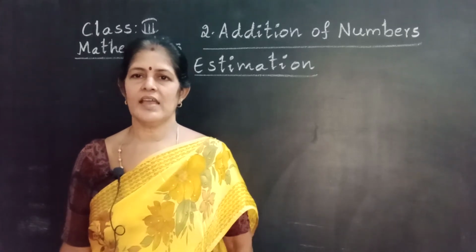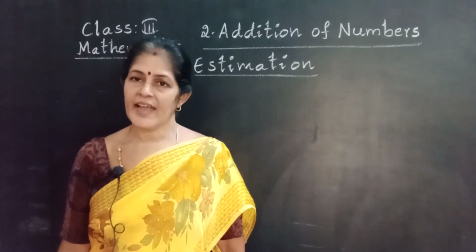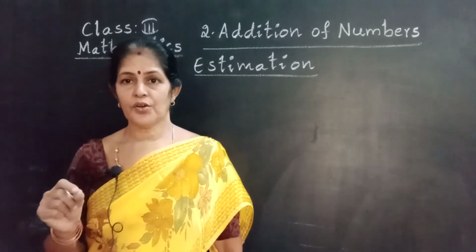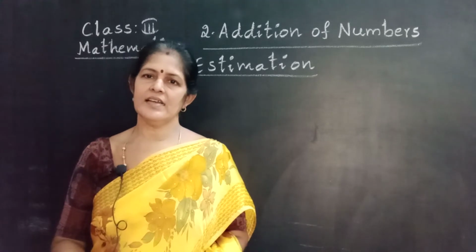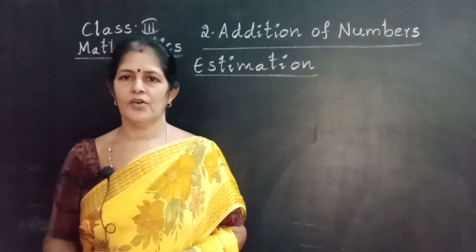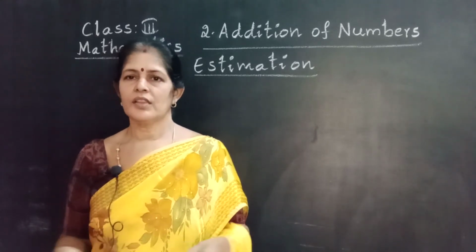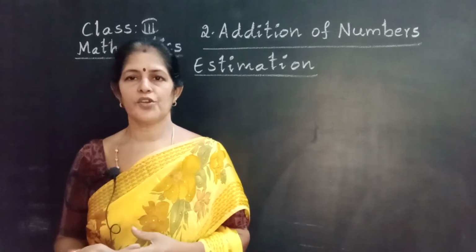Estimation is a method where we do not know the exact value. We find out the nearest value, reasonably close to it. We are going to find the closer, the nearest number to the given one, that is rounding off.